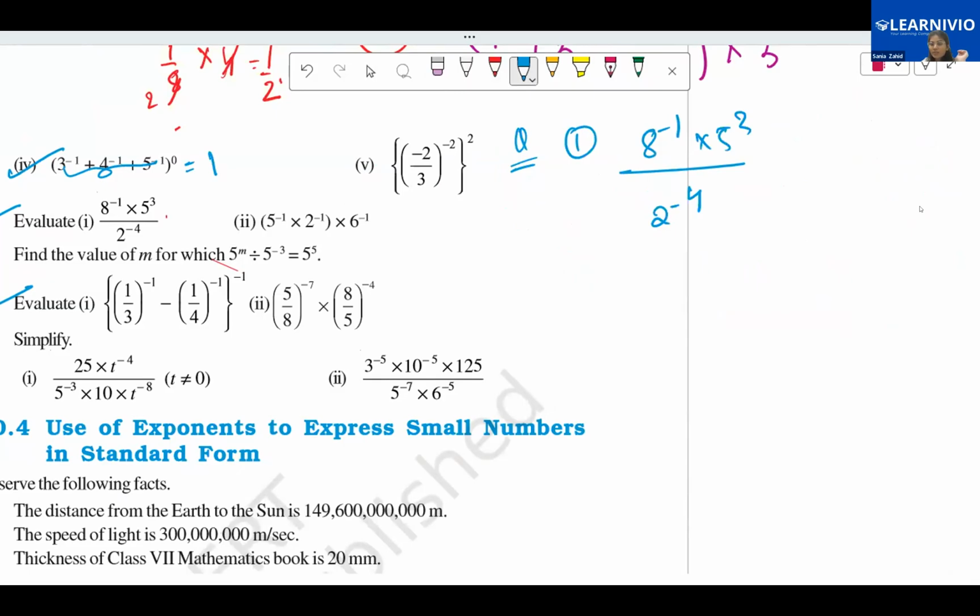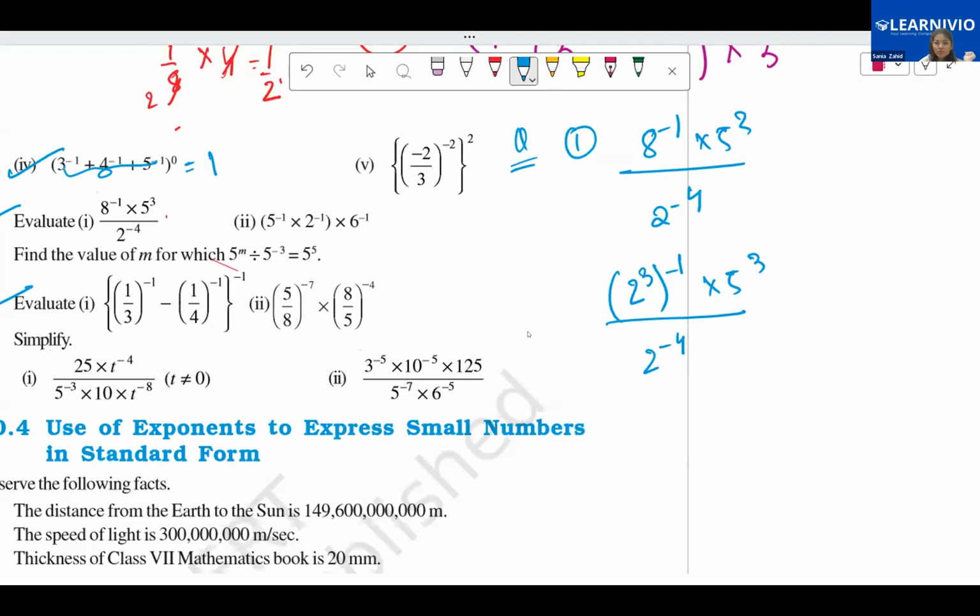So what you can do over here is, first of all, break down 8 to the power minus 1. Break down 8 and write it as a product of factors. So can I write 8 as 2 to the power 3? Yes. So instead of 8, I will write 2 to the power 3 and the power minus 1 remains as it is. And the remaining thing also remains as it is.